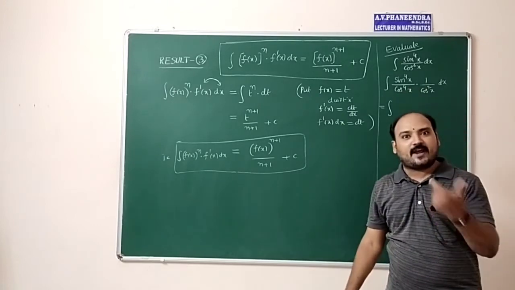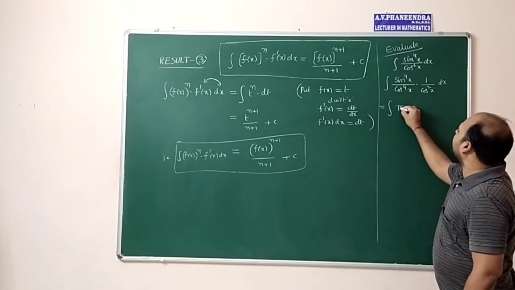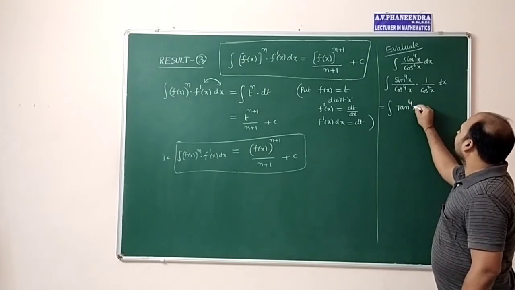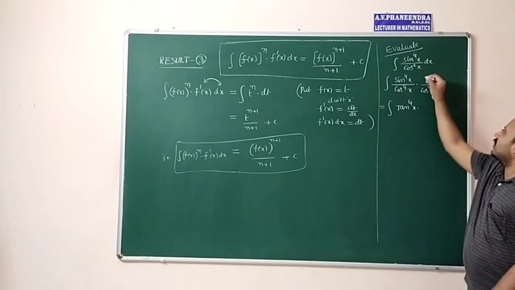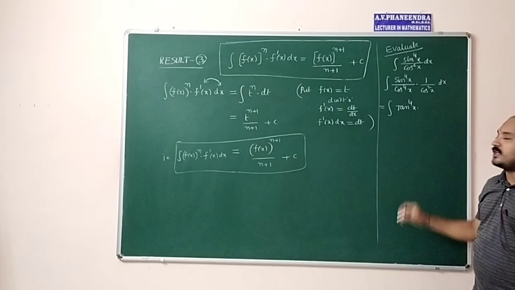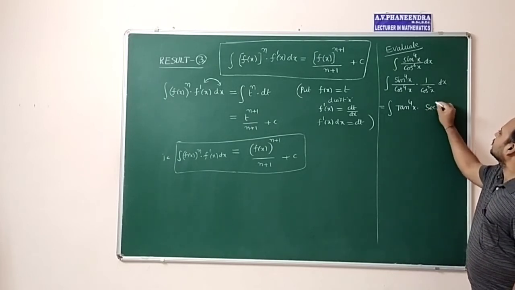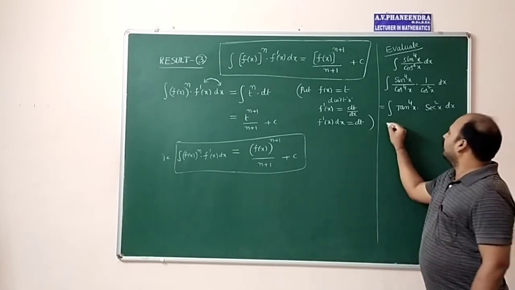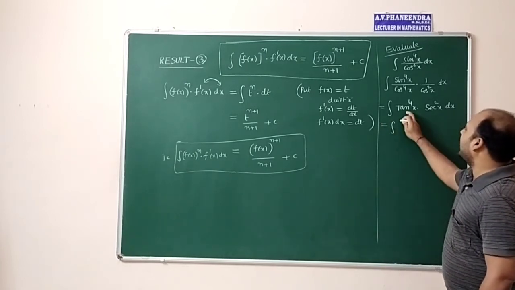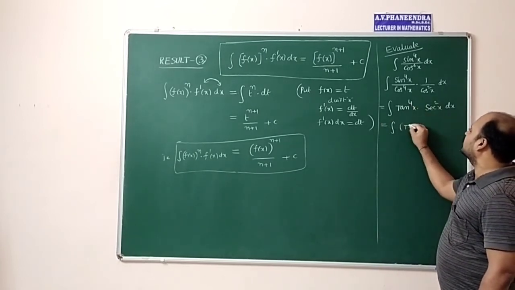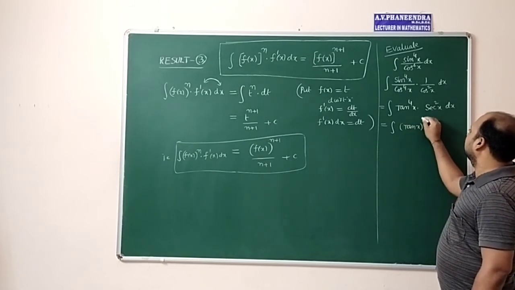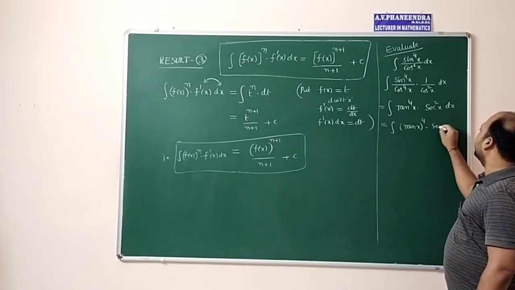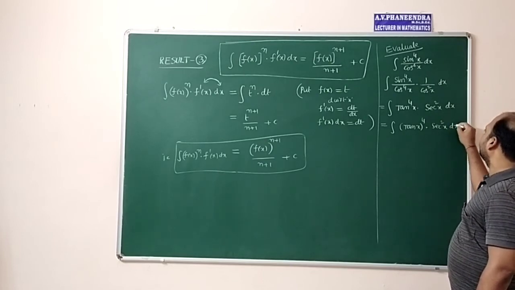Sin by cos is tan, therefore tan power 4x into 1 by cos square x, the reciprocal of cos is secant, so secant square x into dx, which is equal to integral (tan x) whole power 4 into secant square x into dx.